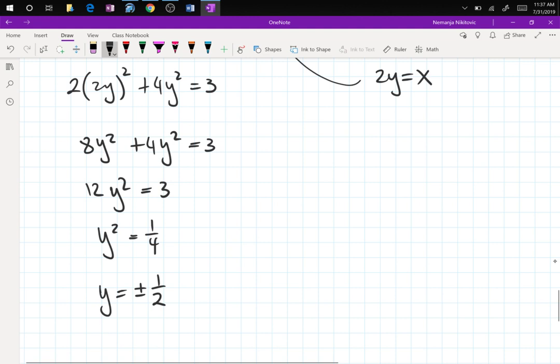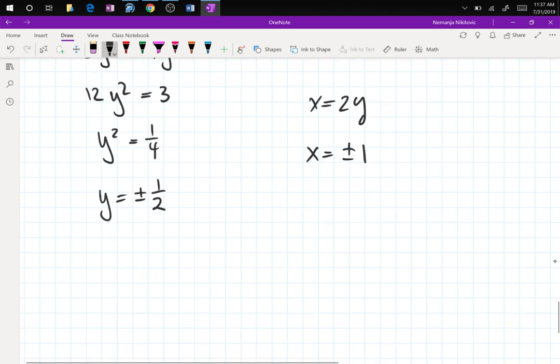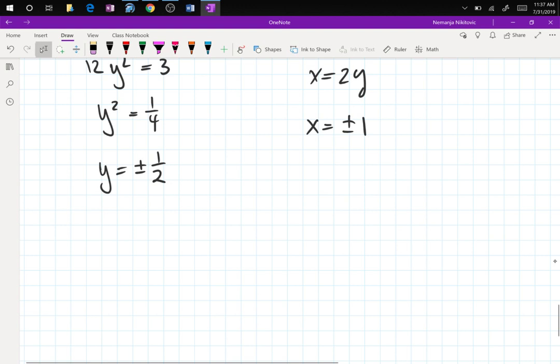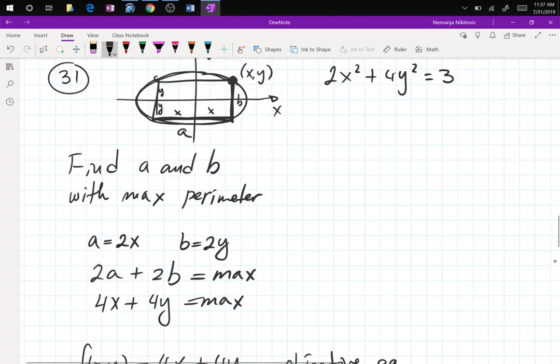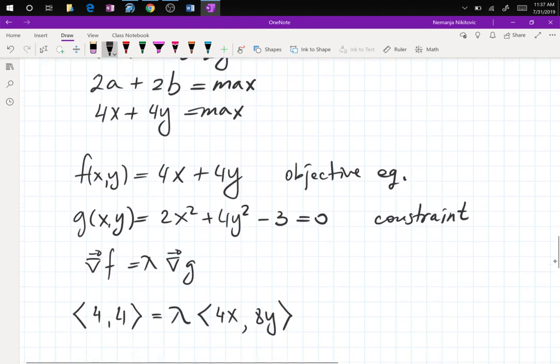So x is equal to 2y. X is equal to plus minus 1, because y is 1/2, and 2 times 1/2 is 1. So plus minus 1. This gives us 4 points, which makes perfect sense, because when I drew the picture, I do have 4 corners, right? You see all 4 corners. So all 4 corners are given by these numbers.